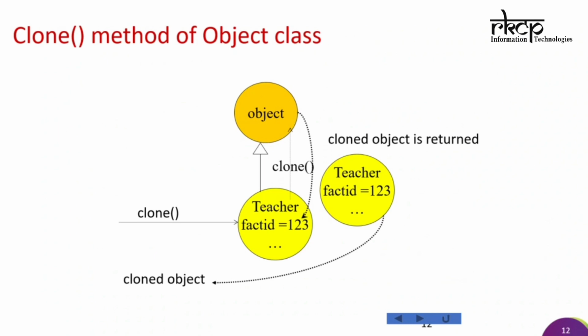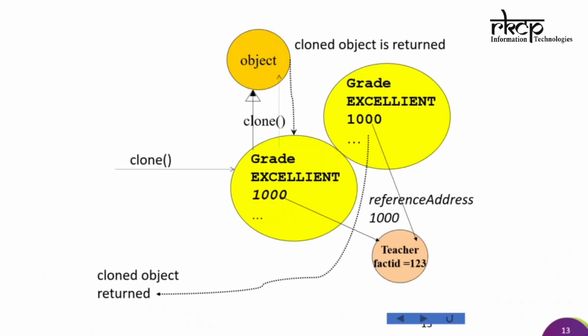Suppose I have a Teacher class object, and using the clone method I have created one clone object. Whatever value is in the clone object, the same will be reflected in your actual object also. Here I have one object calling clone and getting another one.